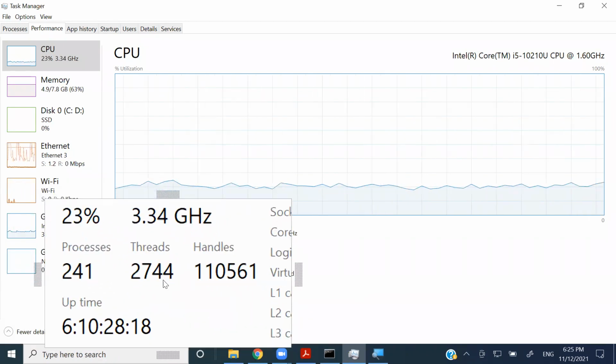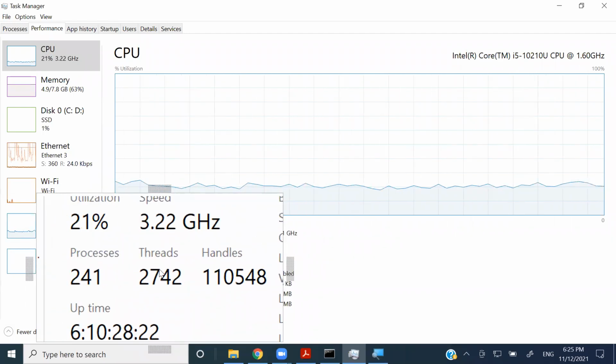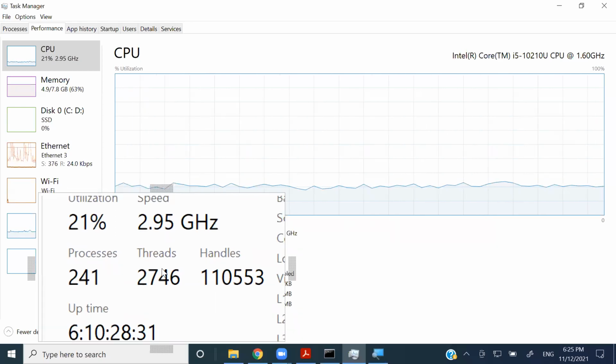This is not showing you the process management, people. This is just to show you there are 240 odd processors running inside my computer for the moment, which is managed by the operating system, right?